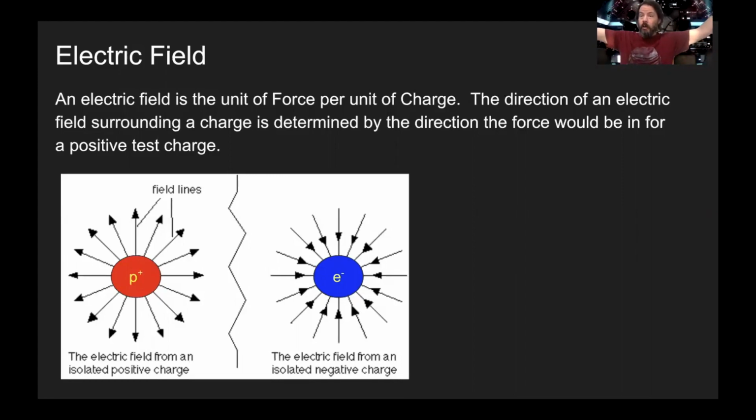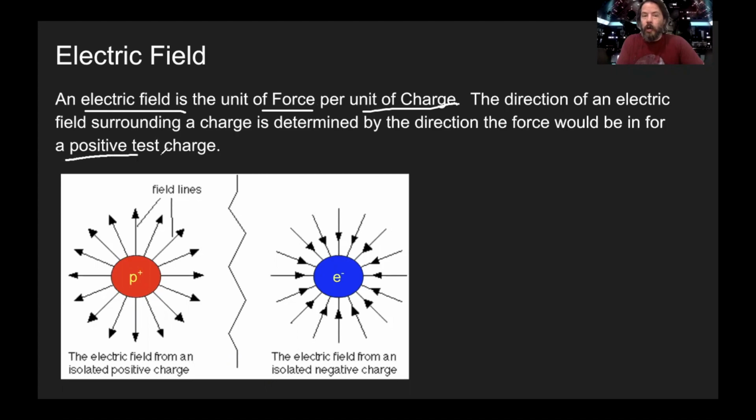As soon as it senses another charge, you get the force, and it reacts according to Coulomb's law: opposites attract, like charges repel. It's called a field because it puts it out there and will pick up any charge and react to it. An electric field is the unit of force per unit of charge, so it's looking for another piece of charge.